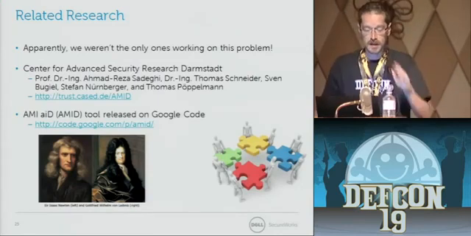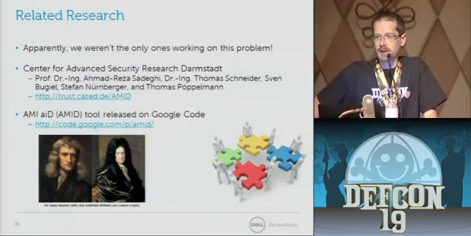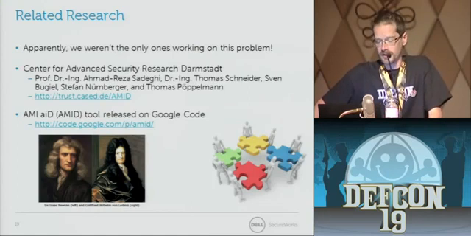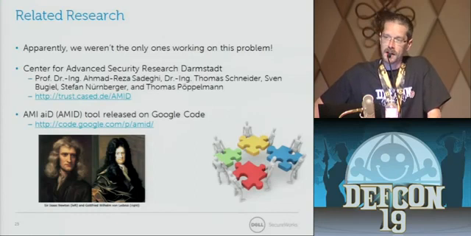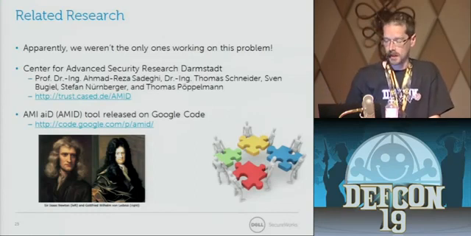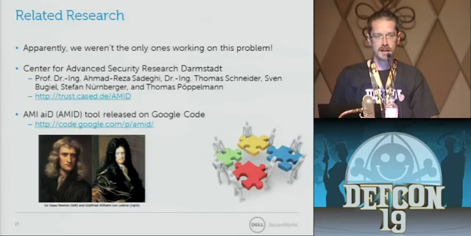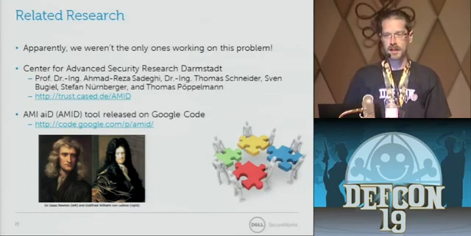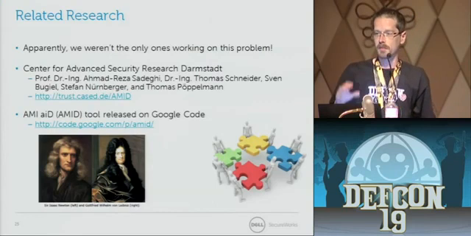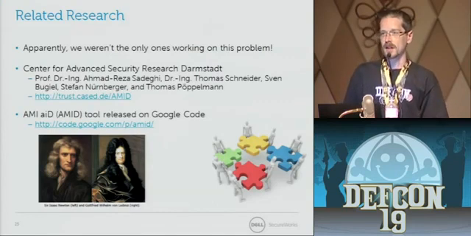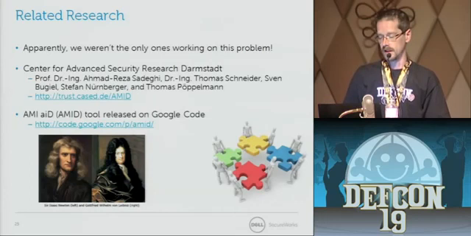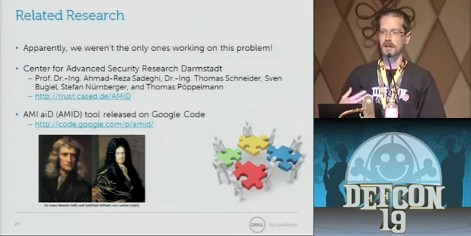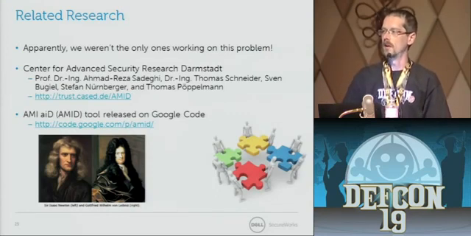After we were accepted for this talk, there was a group in Germany, some postdoc researchers at a university there, that released some research that's very similar to ours. They also released a tool that scans AMIs in a very similar fashion to what we do. Their tool is a Python script that you have to run on the instance itself, whereas our tool interacts with the Amazon APIs to spin up instances, SSH to them, scan them remotely, and turn them down.